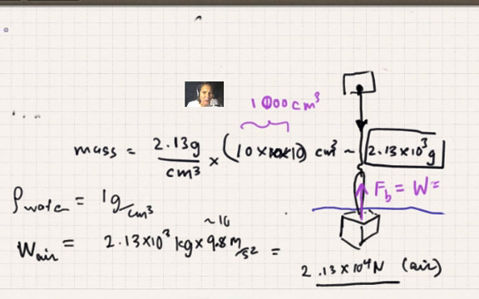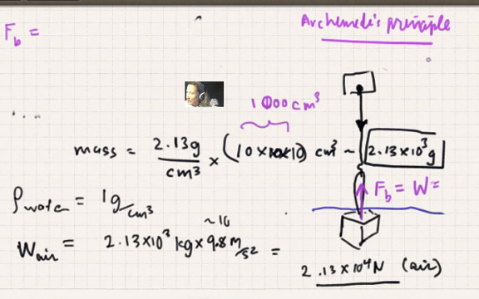So the force of buoyancy, again, we're going on Archimedes' principle, which is that when a body is completely or partially immersed in a fluid, the fluid exerts an upward force on the body equal to the weight of the fluid displaced by the body.